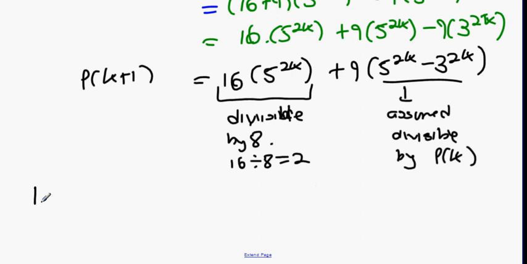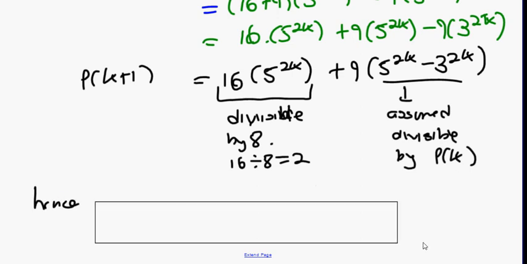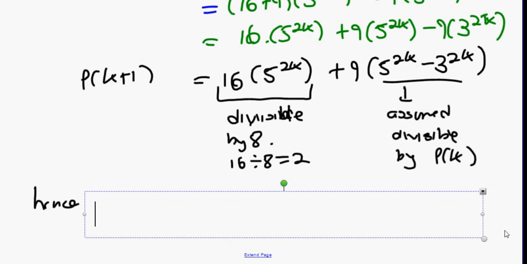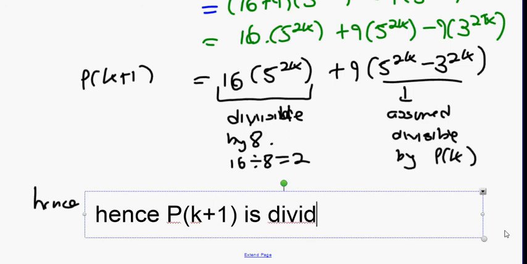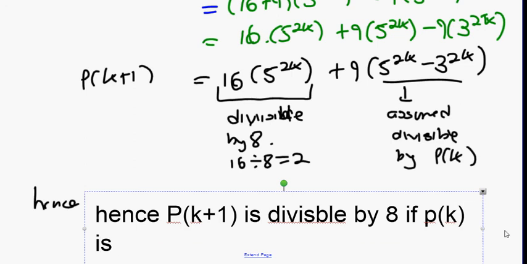So hence, P of k plus 1 is divisible by 8 if P of k is true.